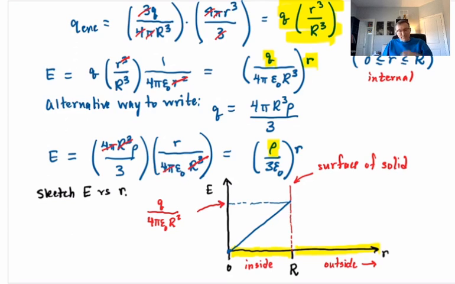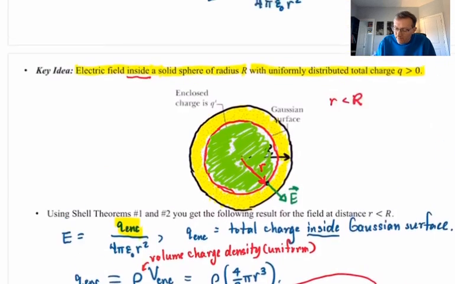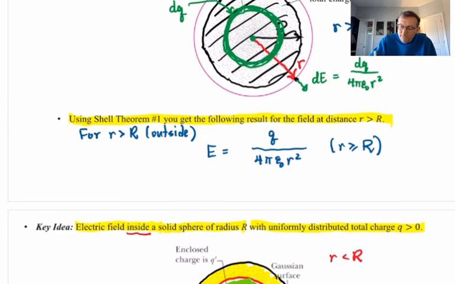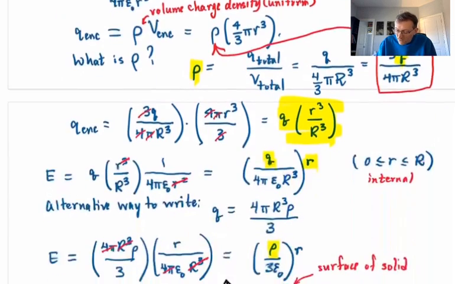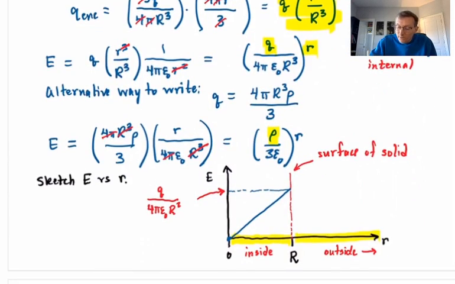Now, for the outside points, for little r greater than big R, you have to use the result from way up above, the external field result. It's just a point charge, Q over 4 pi epsilon 0 little r squared. So now we're going to sketch that. Note we start at little r equal to big R. Where does that put us on the graph?